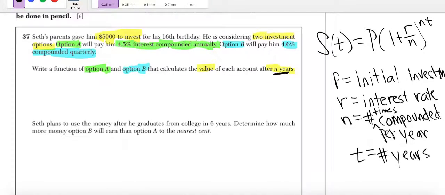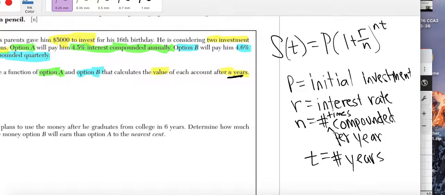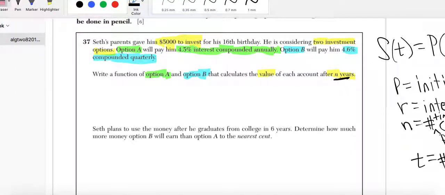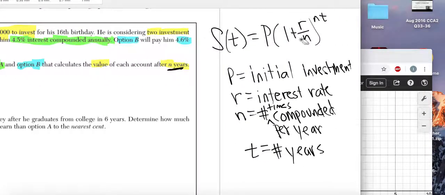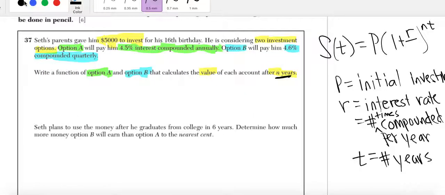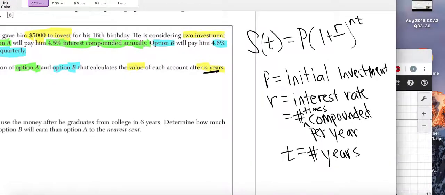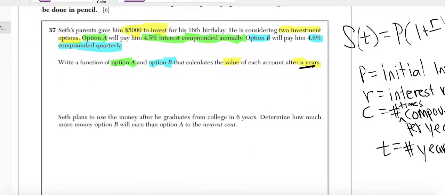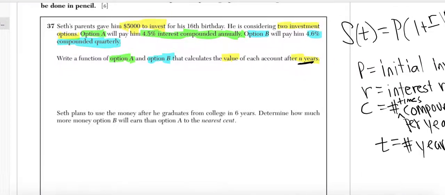What I'll do is I'm going to change the letters around so that we could use n for years. So here's how it's going to go. I'm going to use the letter, let's just say C, C for compound. Or better yet, T for the number of times it's compounded per year, okay?